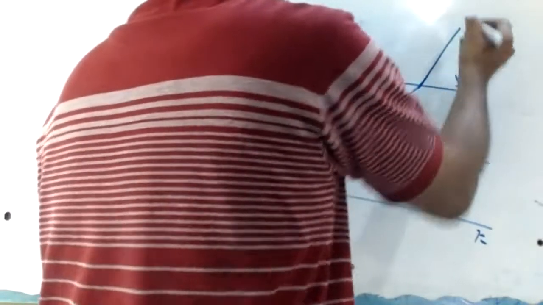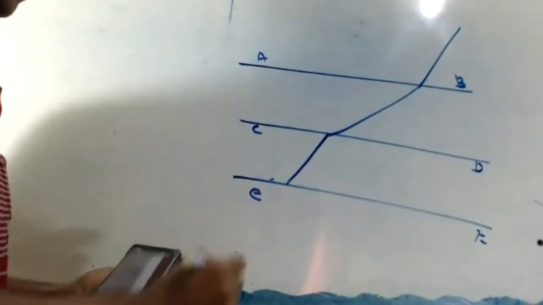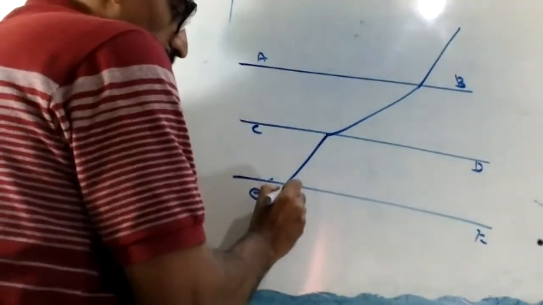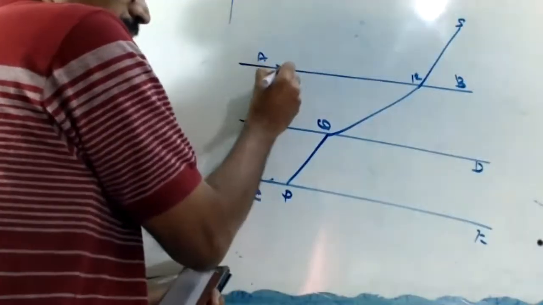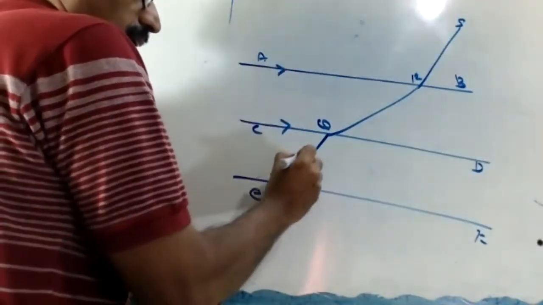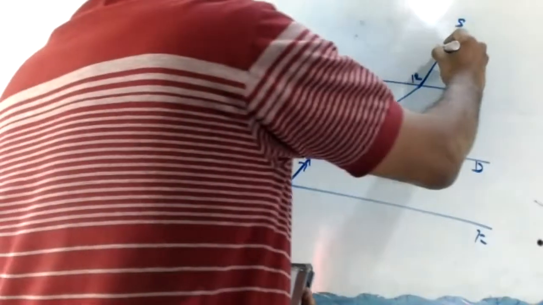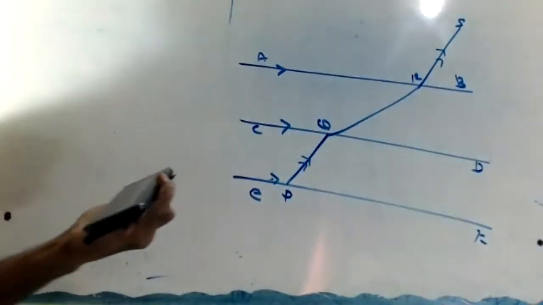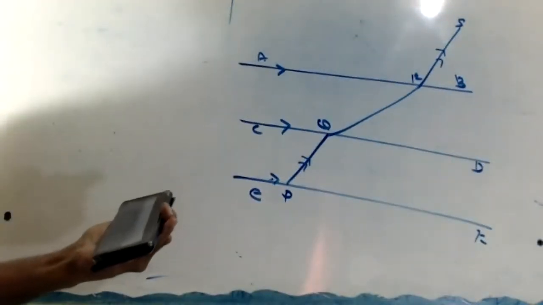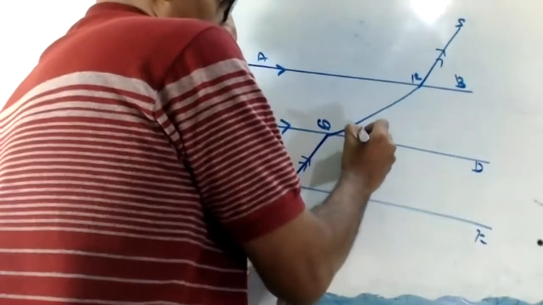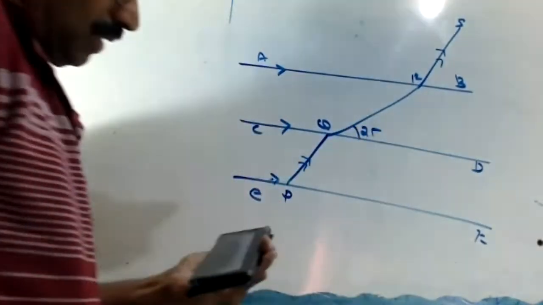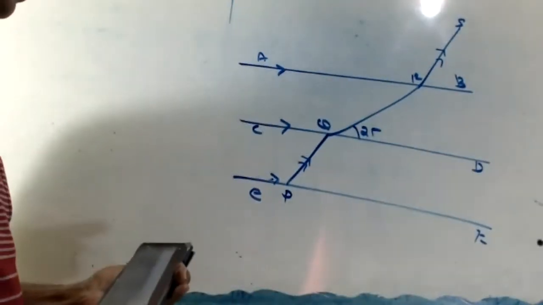Which are the parallel lines? This is parallel, this is parallel, this is parallel, and this also parallel. Then angle RQD is 25 degrees.